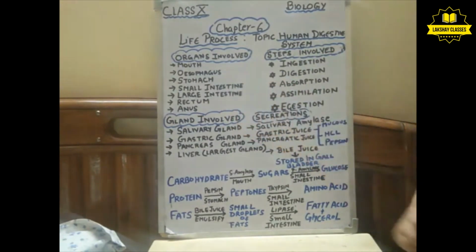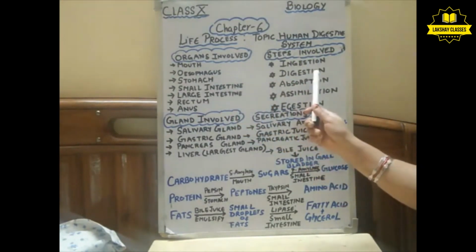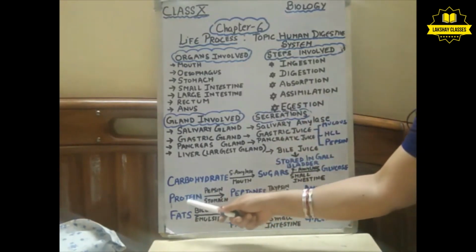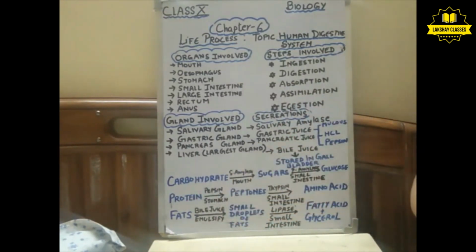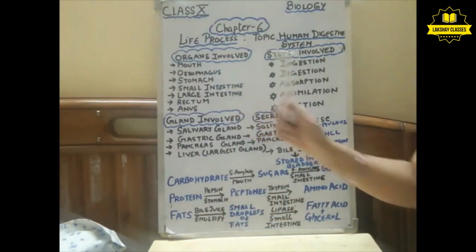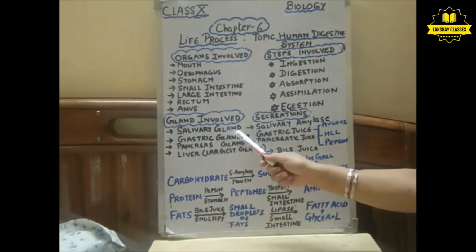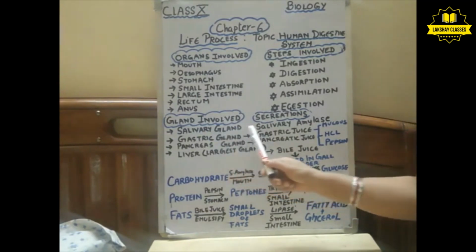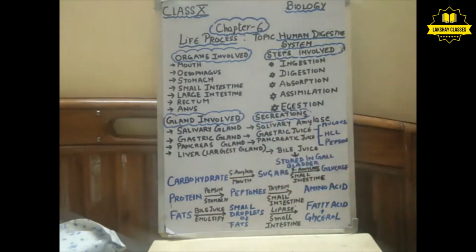Once the food reaches the stomach, what happens? The digestion of protein starts. Now, for the digestion of protein in the stomach, gastric glands secrete gastric juice when food enters the stomach.